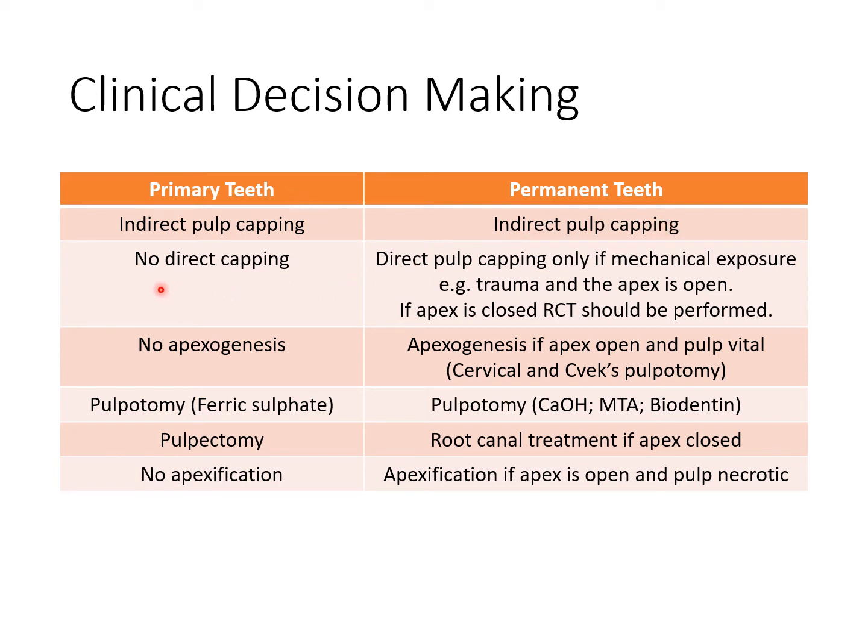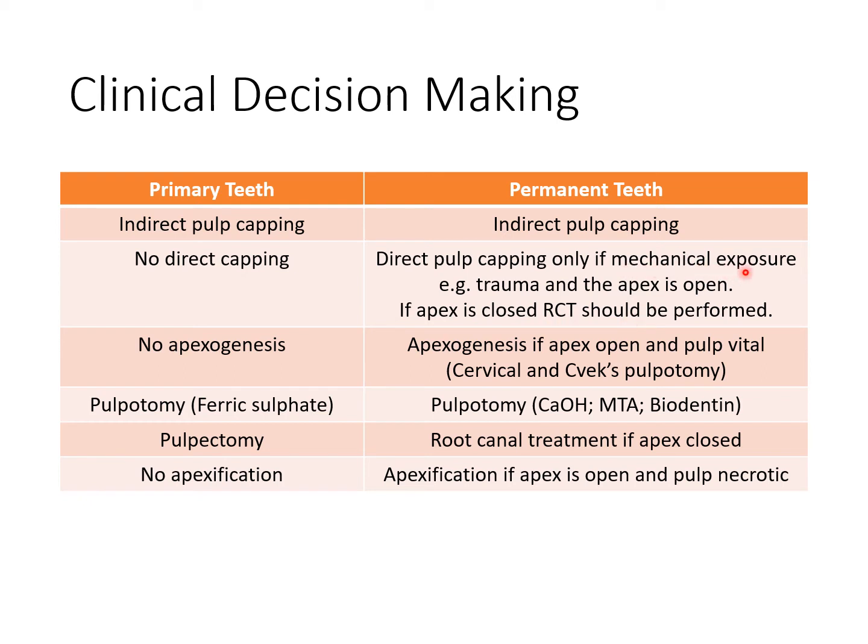But when it comes to direct pulp capping, it is recommended not to do direct pulp capping for primary teeth, but you can do direct pulp capping in permanent teeth only if there is a mechanical exposure, for example trauma, and the apex is open. In this case, you can do direct pulp capping and protect the pulp, and the apex will form because the pulp is still vital. And if the apex is closed, you must do a root canal treatment.